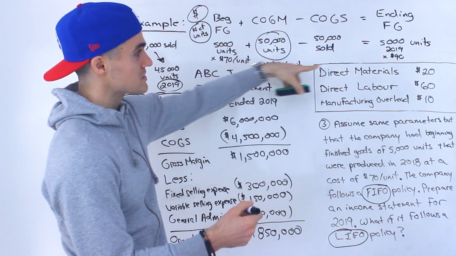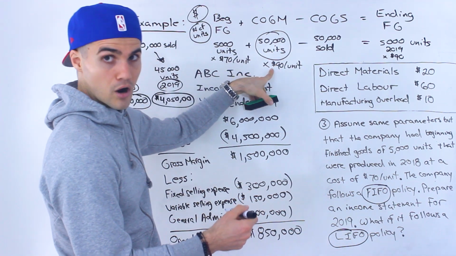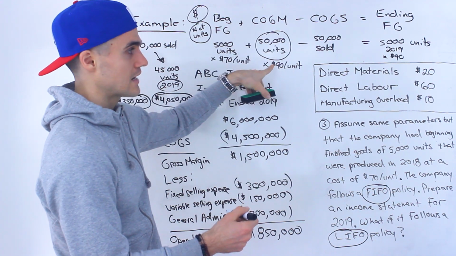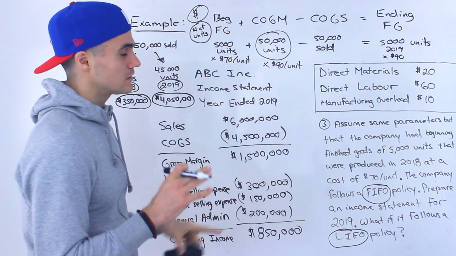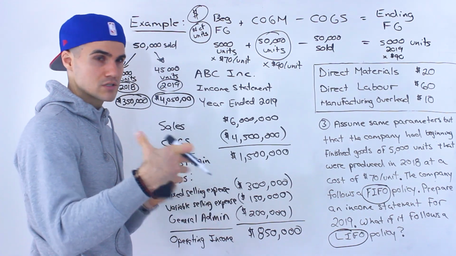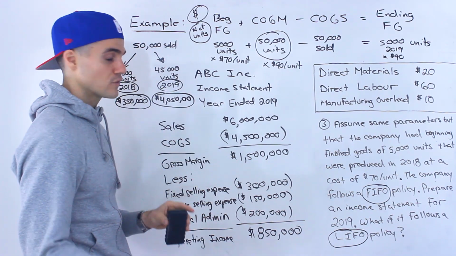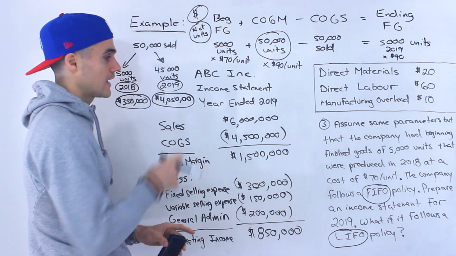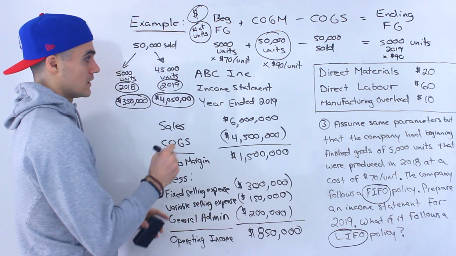But with the FIFO policy, the 5,000 units remaining are these ones, the 2019 units. Right, so just a little bit of review from financial accounting when we're dealing with LIFO versus FIFO. This can come up in managerial as well.